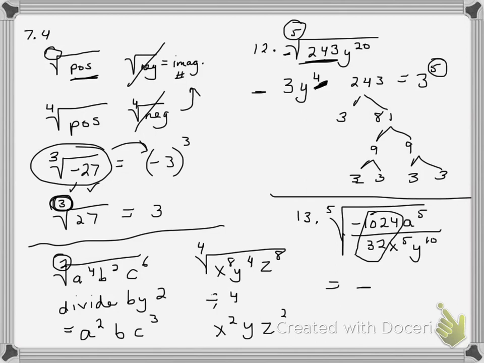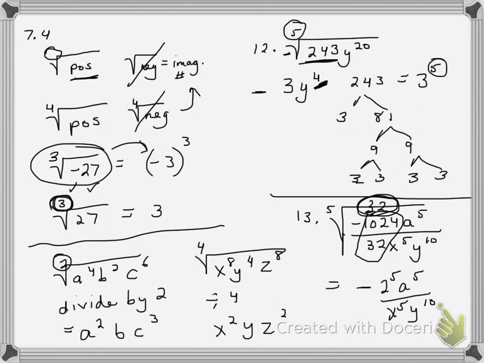32 does go into 1024, and you're left with 32 in the denominator. Now convert that 32 to prime factoring, and it just now happens to be 2 to the 5th power, a to the 5th power. I've done the division, so I'll have x to the 5th, y to the 10th.